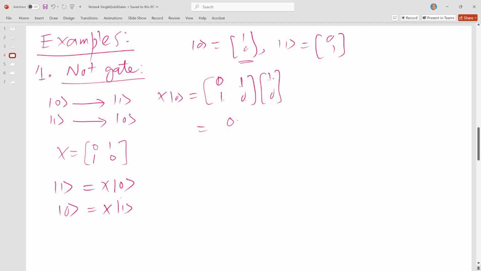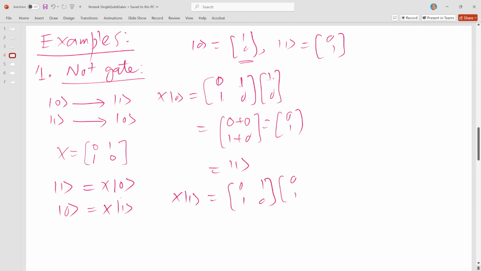So this is 0 plus 0, this is 1 plus 0, which is 0 1, which is nothing but state 1. Similarly, we can check that when X is applied to 1, this gives us 1 0. So this is a matrix that gives us this transformation.